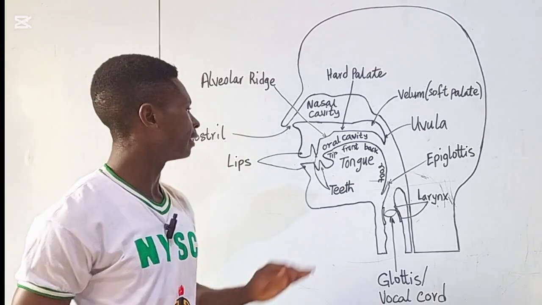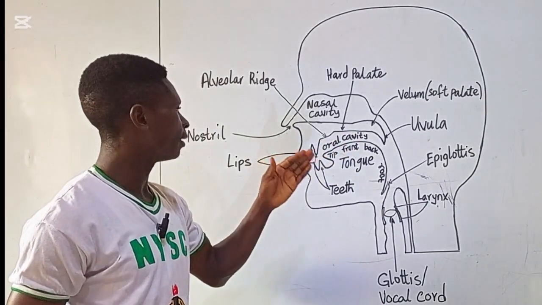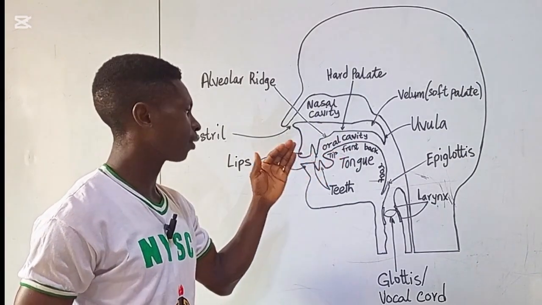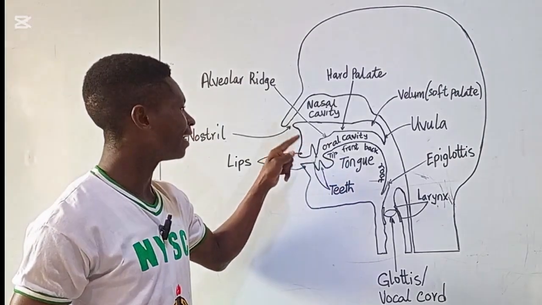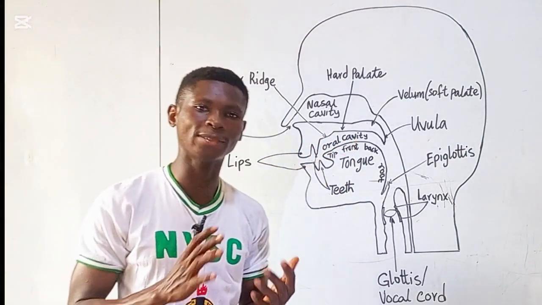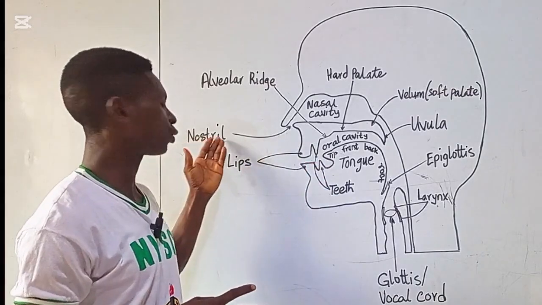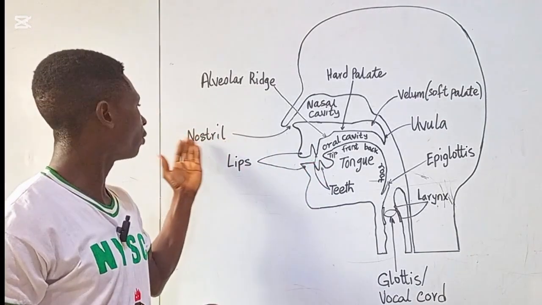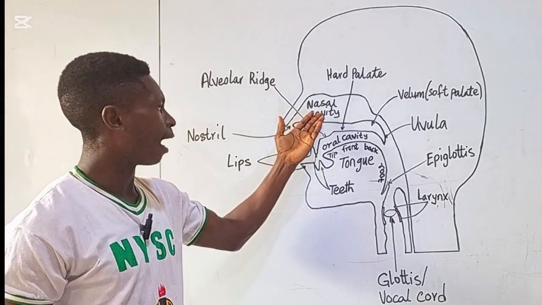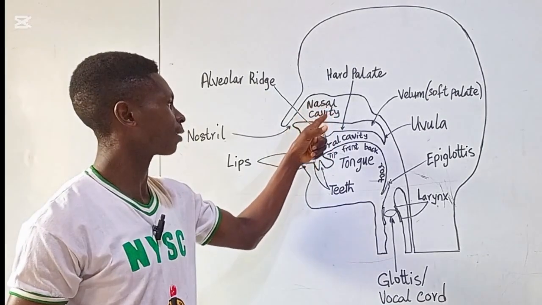Also note that all these ones, that is the alveolar ridge, the hard palate, soft palate, teeth, and tongue, are in the oral cavity. But there are some sounds articulated with the help of the nostril, and those sounds are articulated with the air passing through the nasal cavity.